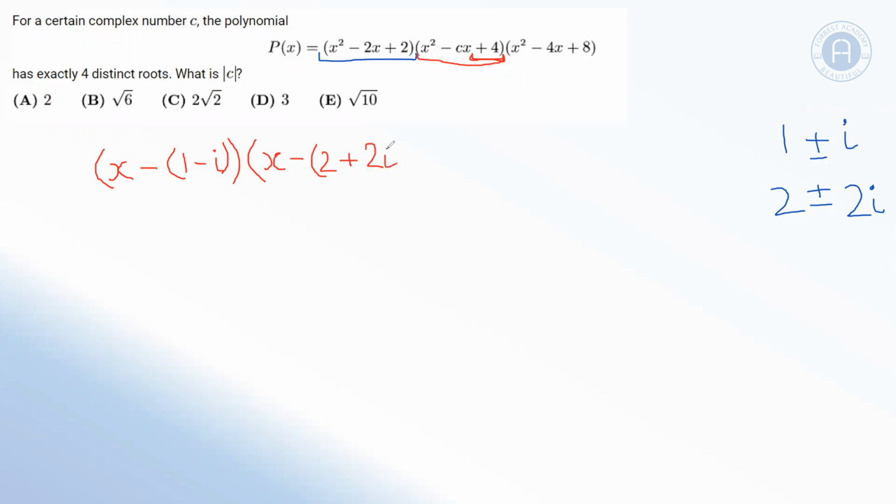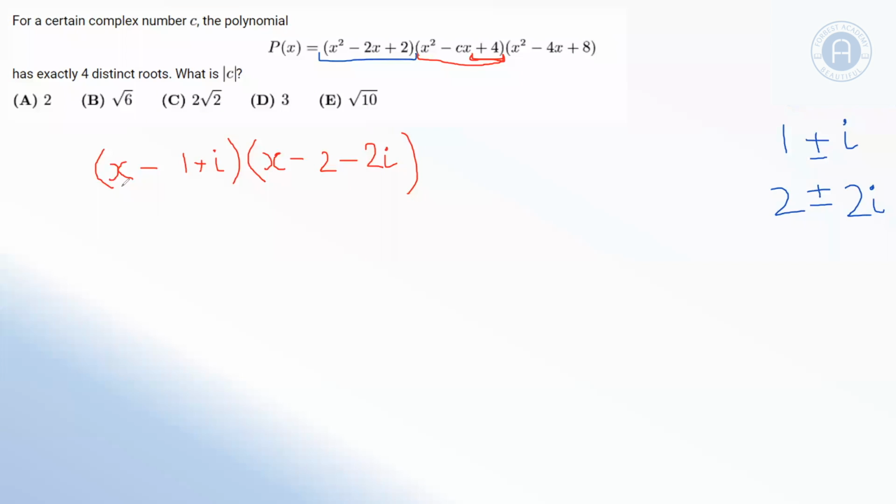To do this, we're going to do a little bit of simplification with our brackets first. I'm going to change the first one into x minus 1 plus i, and the second one into x minus 2 minus 2i.